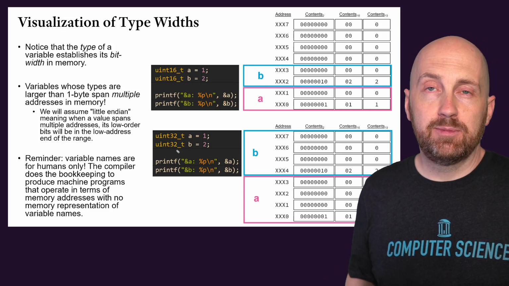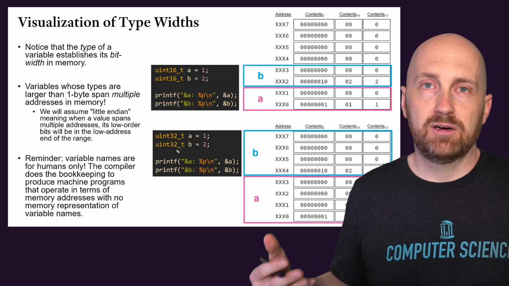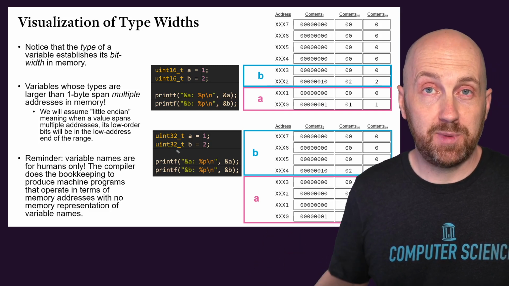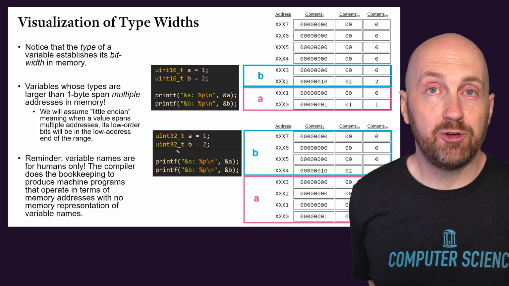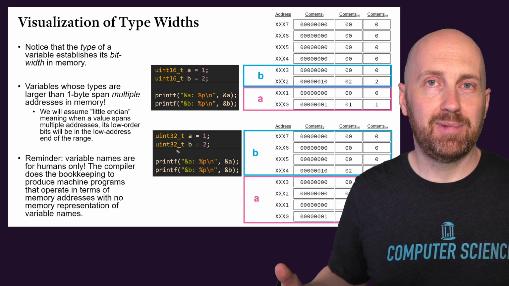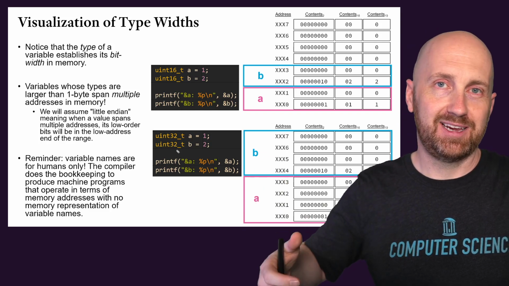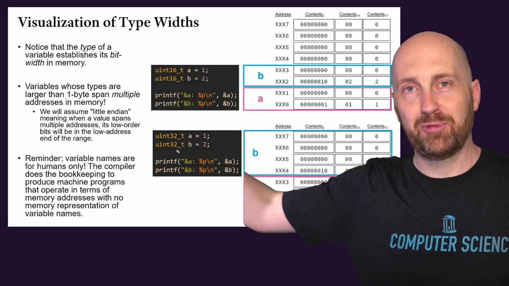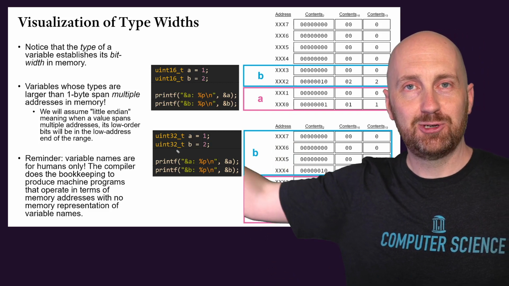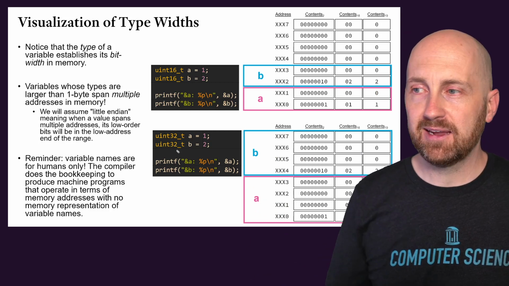Even if there are some variables that are less than 1 byte, when there are variables that span more than 1 byte, they're going to take multiple contiguous addresses in memory. You're not going to have an 8-byte, 64-bit integer that's spread out, like here's byte 1, and then 3 bytes later there's byte 2 and byte 3. They're all going to be contiguous back to back to back.